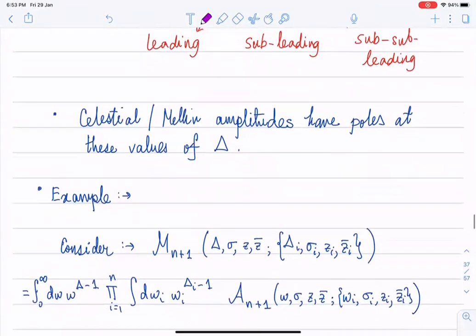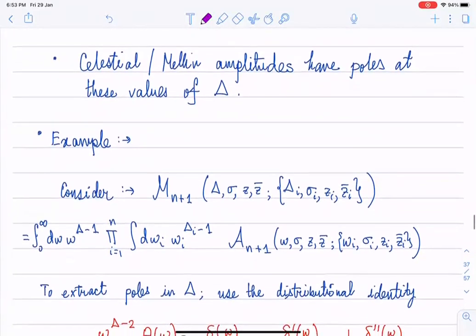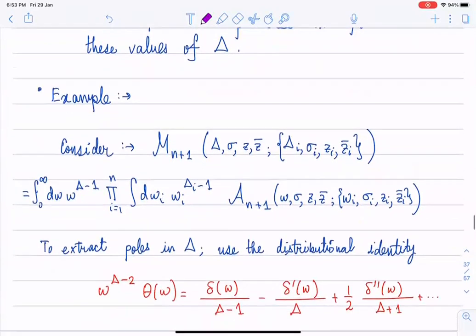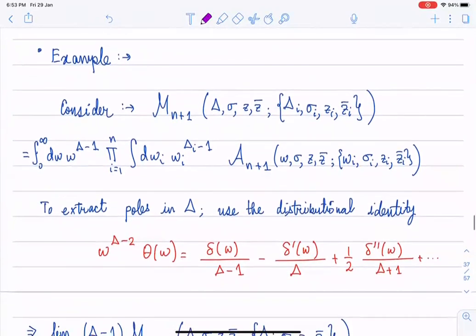So let's try to look at some quick example of how that works out.